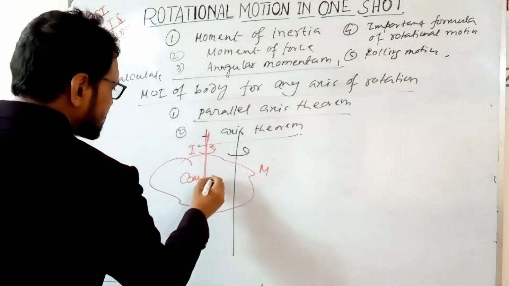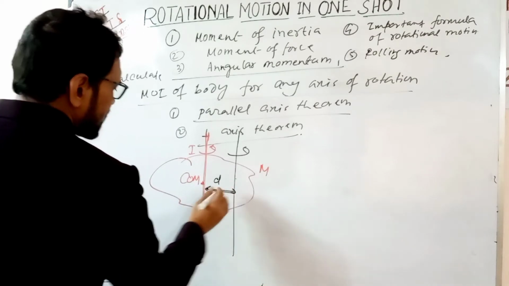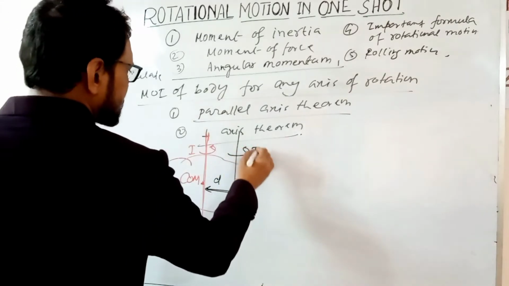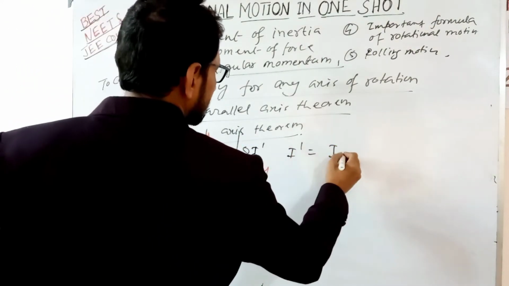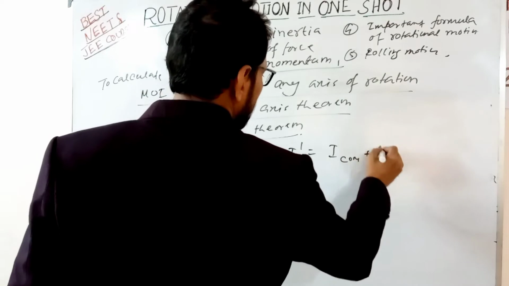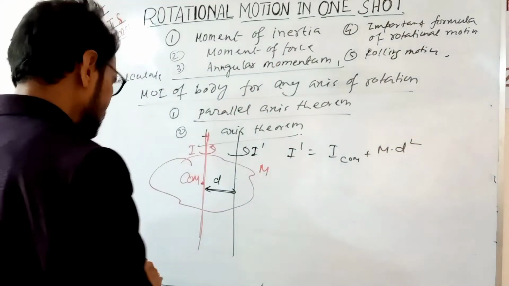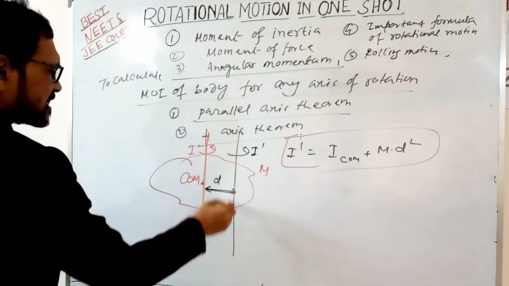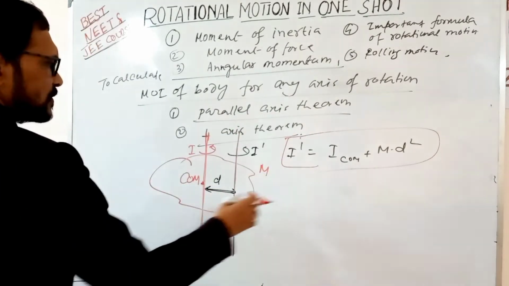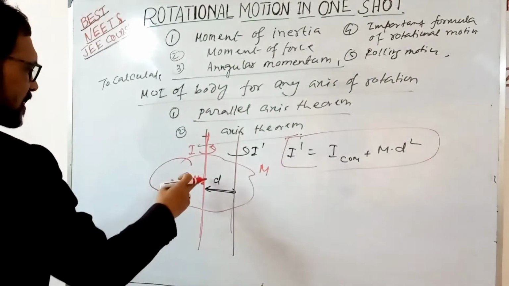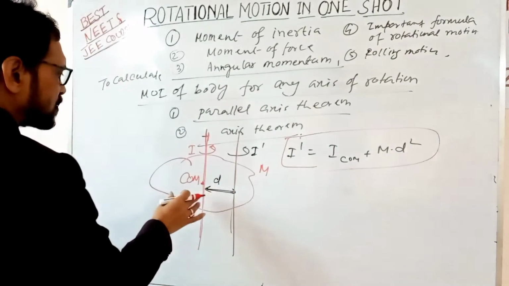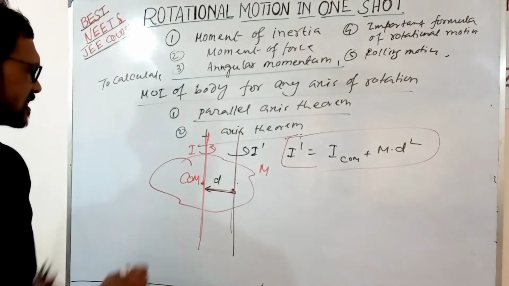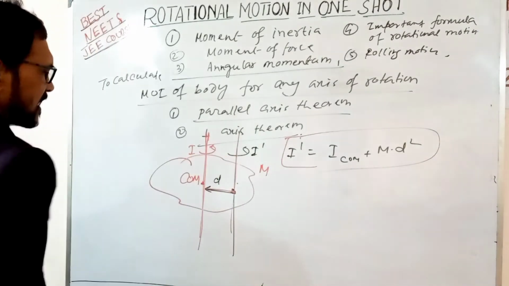If the axis is at a distance d from the center of mass, that is, the distance between this and this is d, then the answer will be I equals ICOM plus m into d square. M is the whole mass of the body, and d is the distance between the two axes. This axis must be parallel to this line.